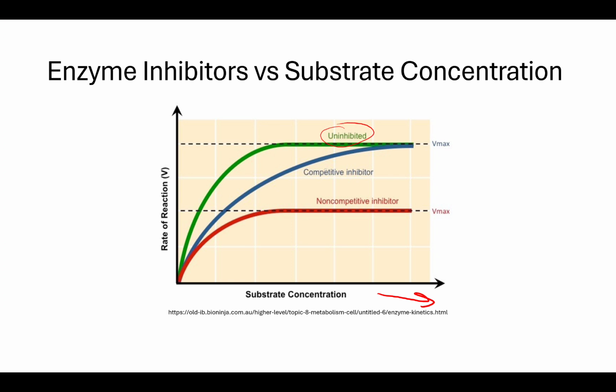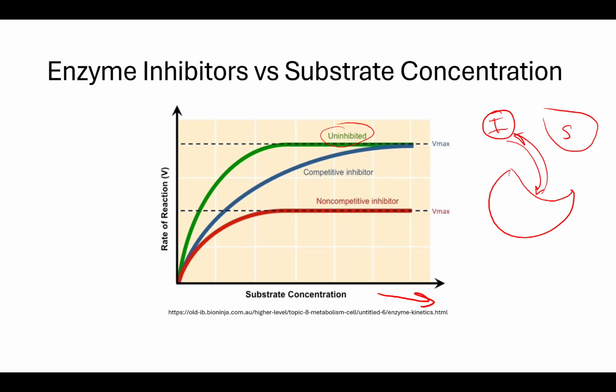A competitive inhibitor, on the other hand, so you have your enzyme, and let's say this is our enzyme. This is our inhibitor. This is our substrate. As you have more and more substrate, that substrate is going to, because remember the inhibitor reversibly binds, so it might pop into the active site and then pop back out.